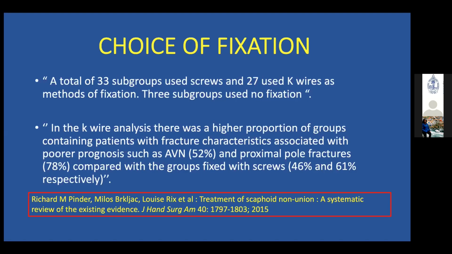So basically what they're saying is that you can't compare them, because people tend to use K-wires more when there is avascular necrosis, and people tend to use screws when they feel it is a fracture which doesn't have any vascular compromise.